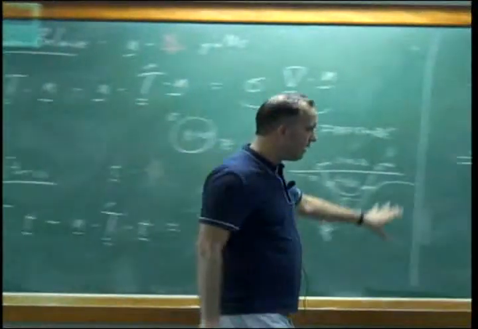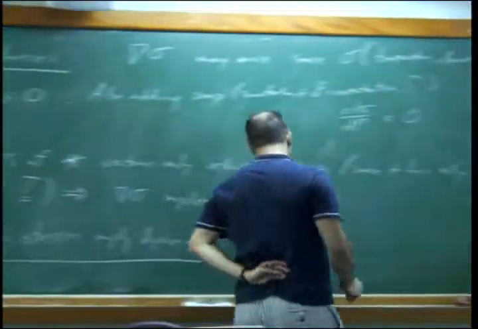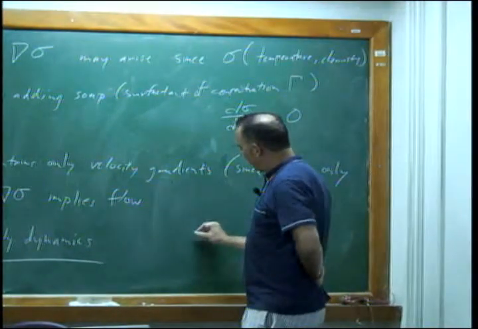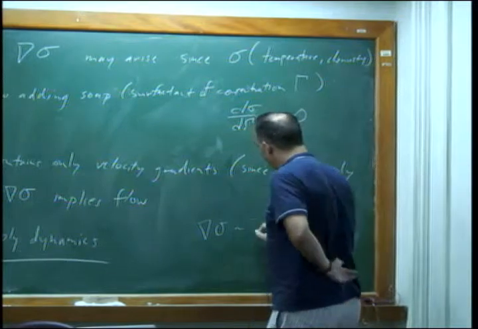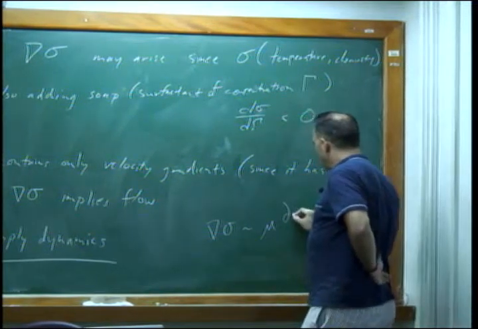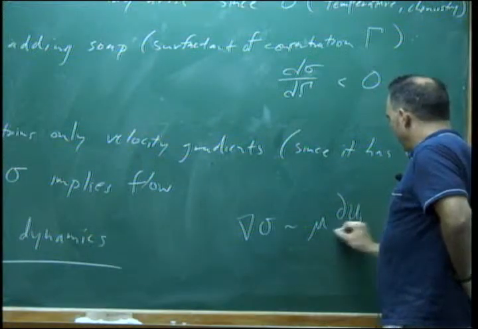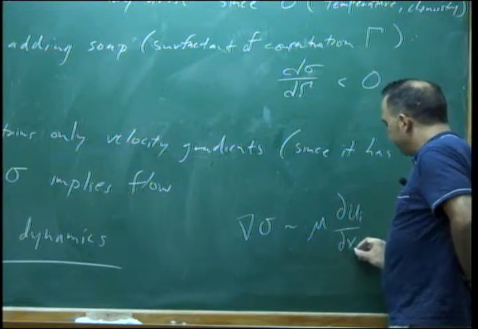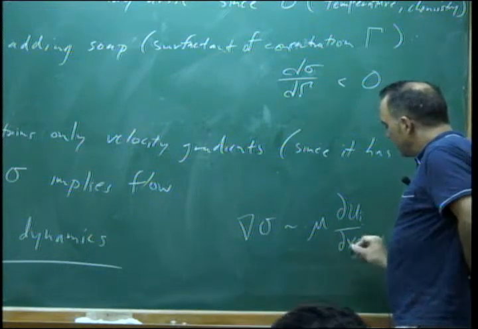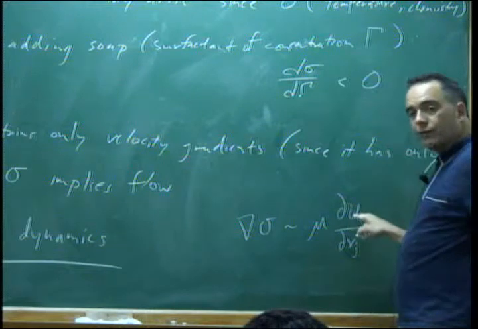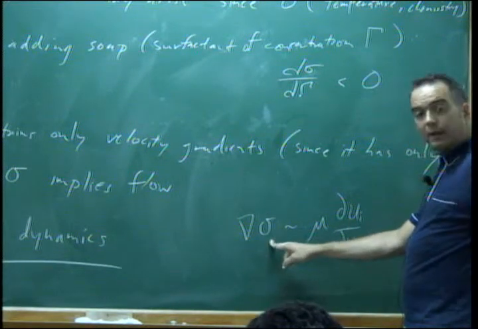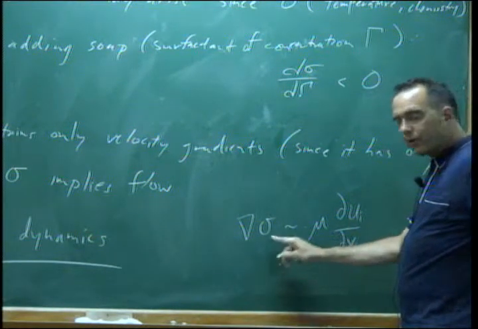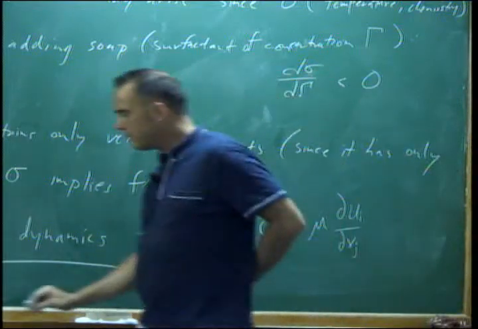But whenever you have a gradient in surface tension, there's going to be some balance where the gradient of surface tension is going to be mu du by dx, some component. And so you're going to get a characteristic flow, which is prescribed by the Marangoni stress. And you can never have a static situation.